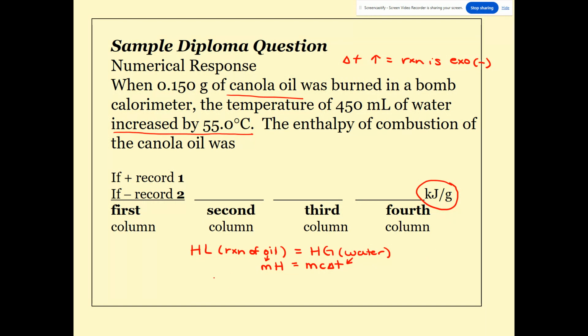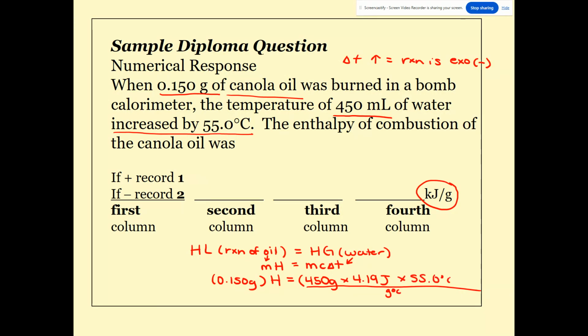So the mass of the oil was 0.150 grams, written up here. That's going to be multiplied by H, which I'll later be solving for. The mass of water, remember the volume in milliliters equals the mass in grams, times 4.19 joules per gram degree Celsius, and we are nicely given the temperature change here.